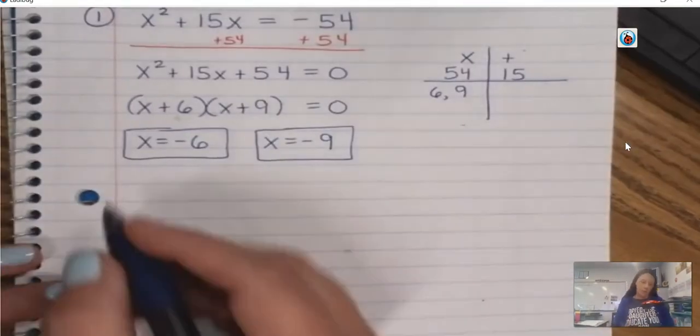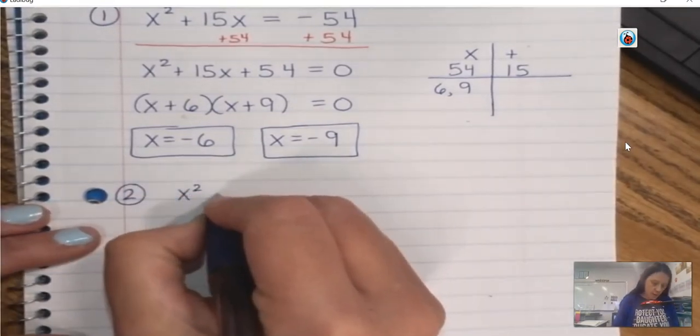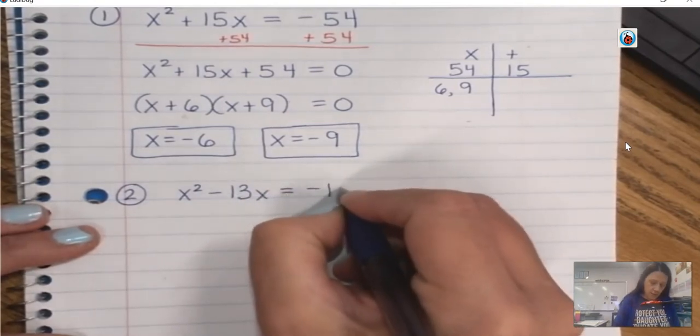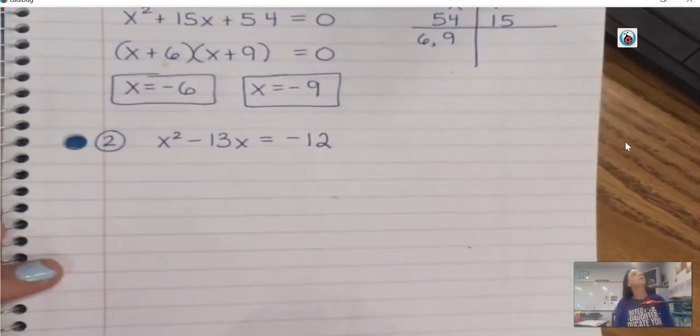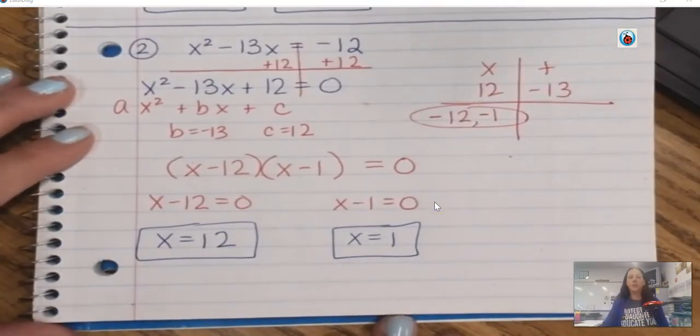Okay, here's another one. Number 2, x squared minus 13x equals -12. Go ahead and solve that. Okay, check your answers up here.